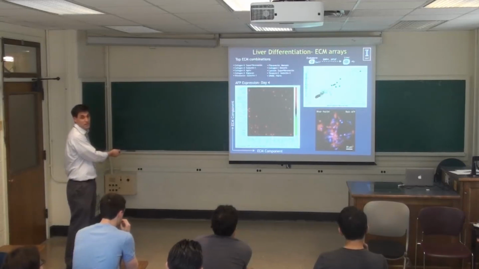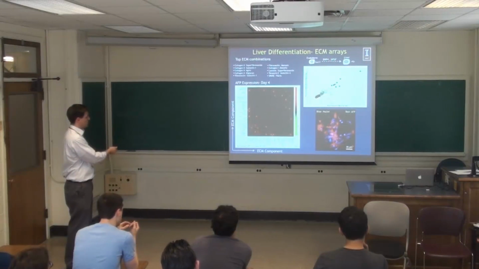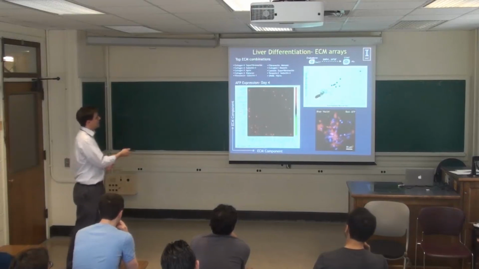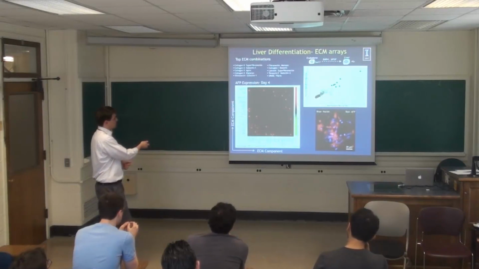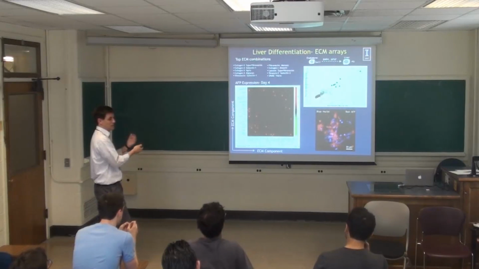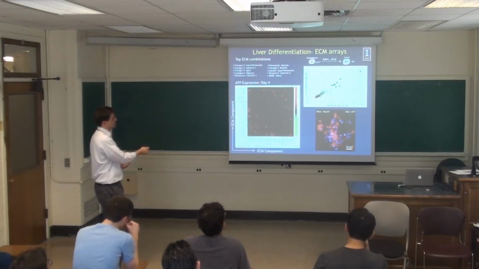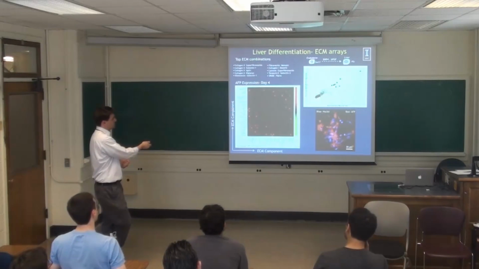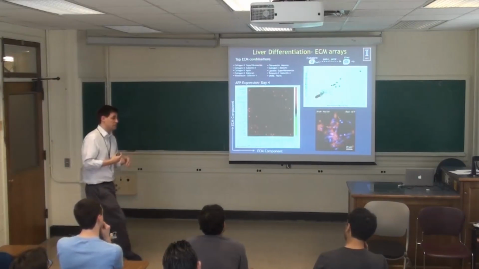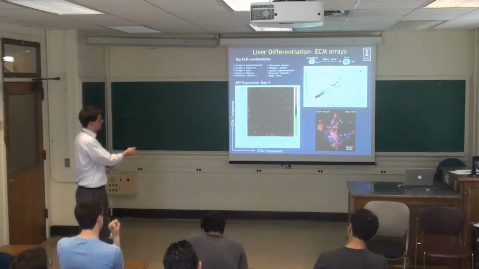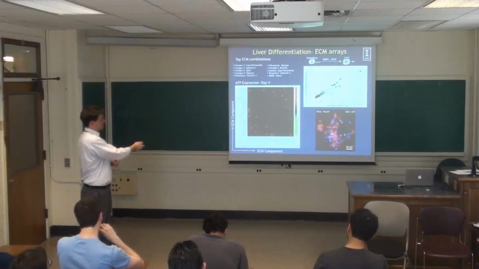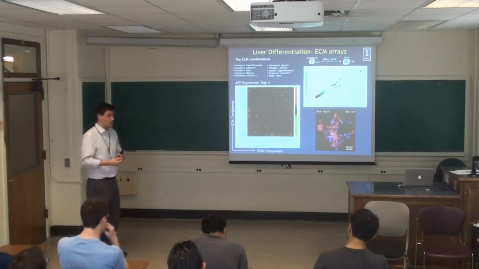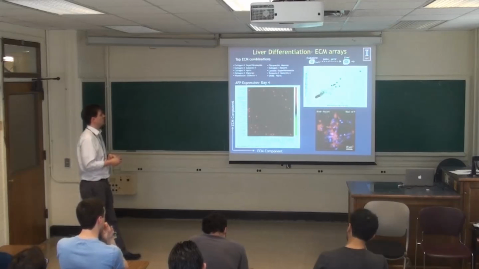And then we generated another heat map, which is essentially the amount of liver differentiation on each of the ECM combinations. And this is a dot plot of AFP intensity versus, again, nuclei intensity, which is a measure of cell number. Then we could identify several ECM combinations, these filled diamonds here, which give a statistically significant expression of AFP and cell numbers. So essentially, these are our hit combinations that seem to promote more liver differentiation.